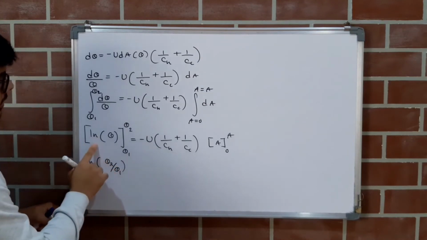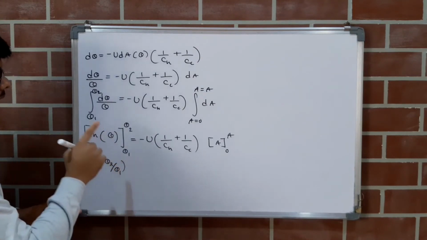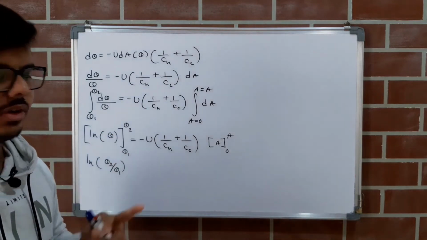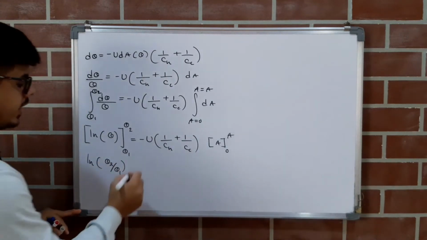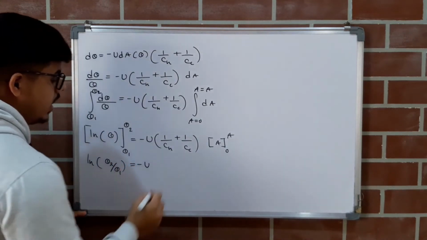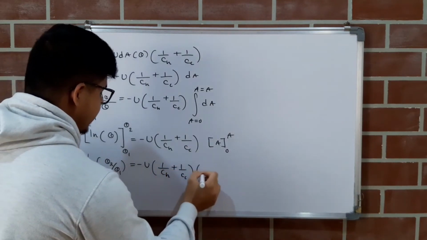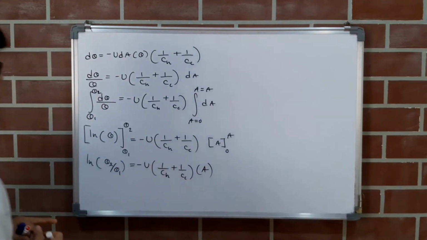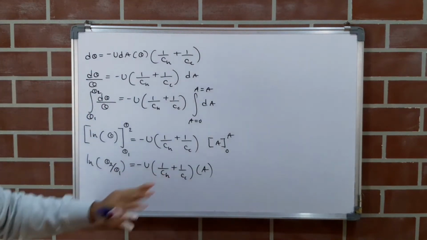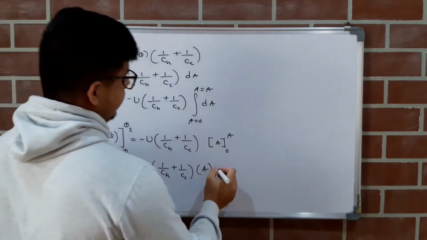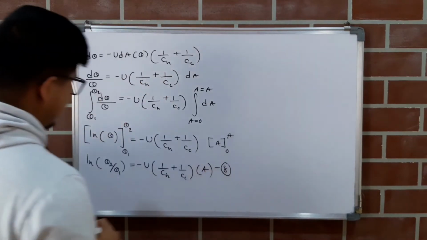You will get ln of theta 2 minus ln of theta 1, and that will be ln of theta 2 by theta 1. It is equals to minus u into 1 upon ch plus 1 upon cc into A, right? So we got the equation. We will mark this as equation number 8.